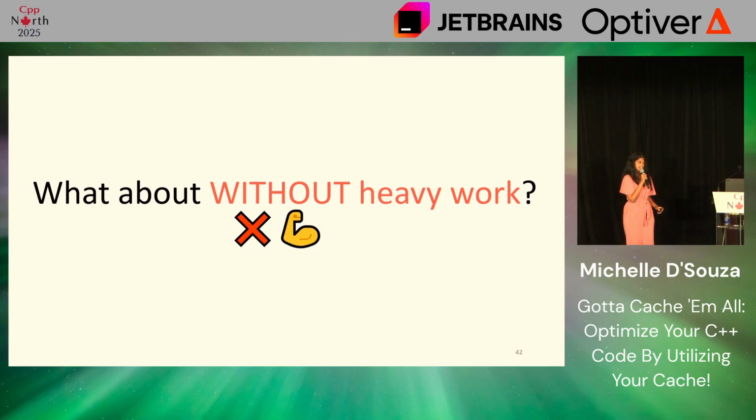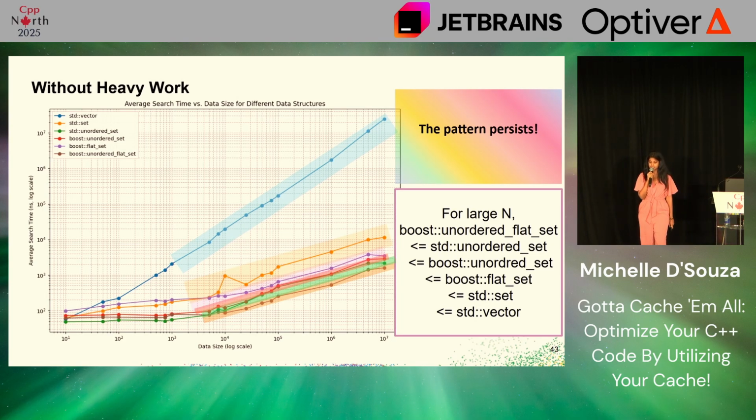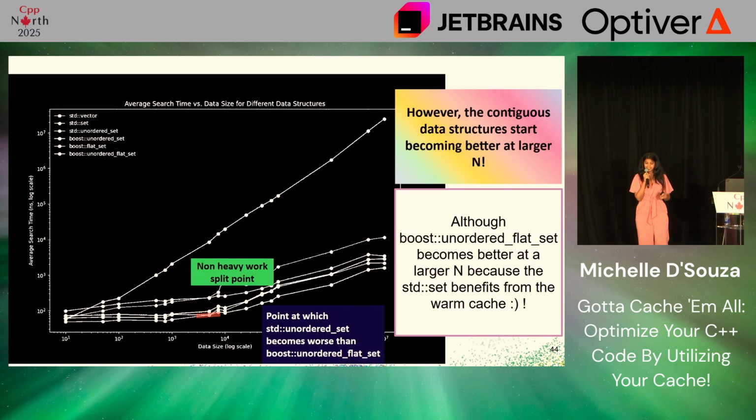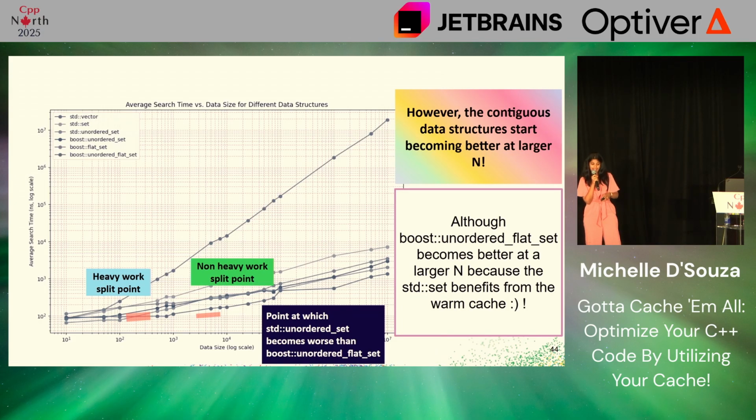What about without that heavy work? What happens if we didn't actually clear our cache in between runs? Well, the same pattern actually persists in terms of which data structure does better than the others. But there's something very interesting I noticed here. The point at which std unordered set becomes worse than the boost unordered flat set is actually shifted a little further in the case of non-heavy work, and it happens a little earlier in the case of heavy work.